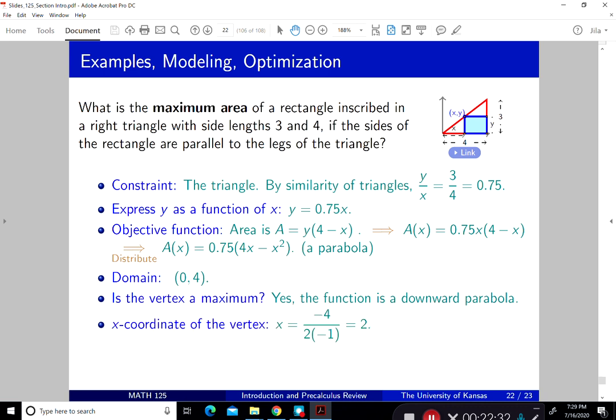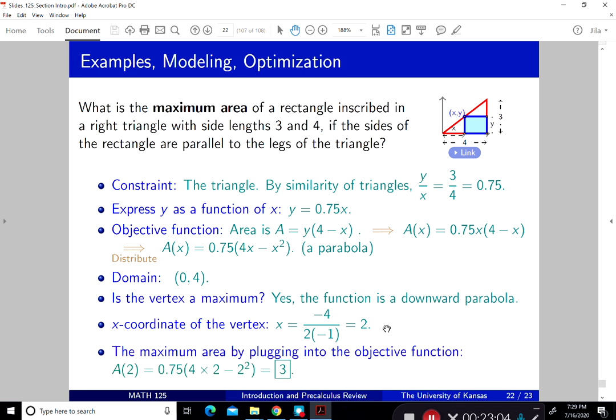And with the discussion of the downward parabola, the vertex is basically, see that 0.75 multiplies both of them, so I know it's going to simplify. And so the vertex is going to be the negative coefficient of x, divided by 2 times the coefficient of x squared. That's negative of negative 4 divided by 2 times negative 1, which is equal to 2. So x equal to 2 is the x of the vertex, and it should give us the maximum area.